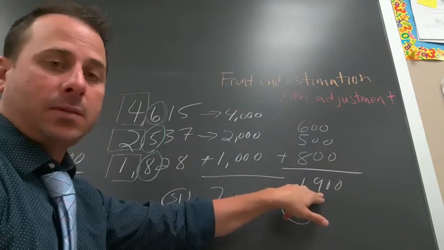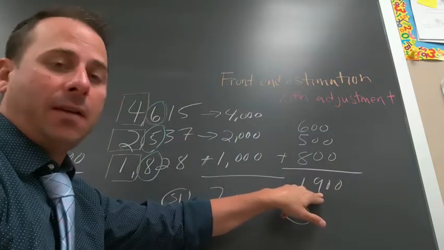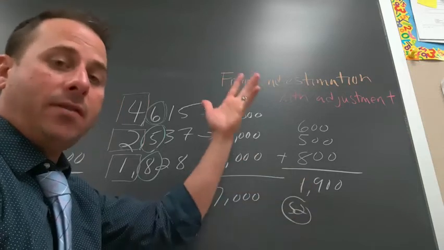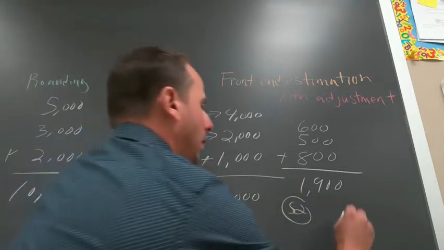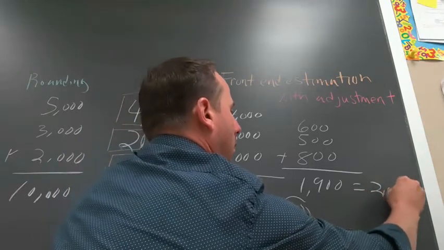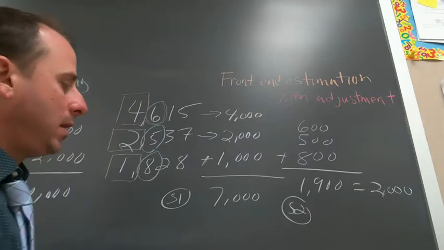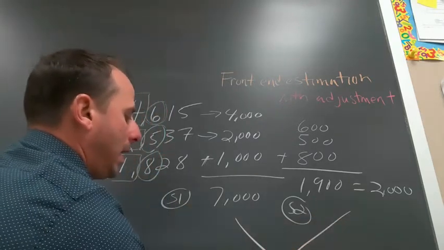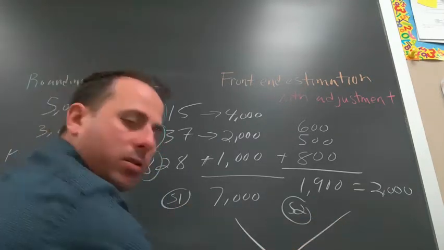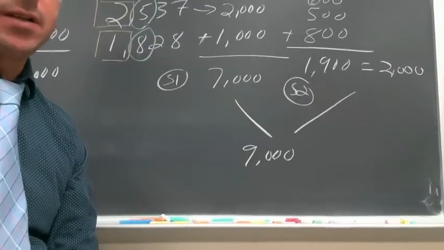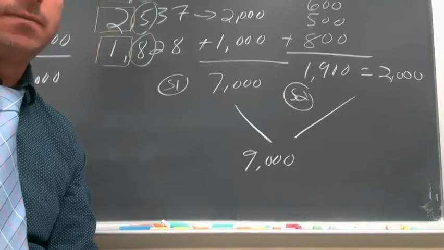You look at this next place value, the hundreds here, and that's 5 or greater. So this is going to round up to 2,000. Now I want to combine my 7,000 and my 2,000, and I get 9,000. So 9,000 in front-end estimation.